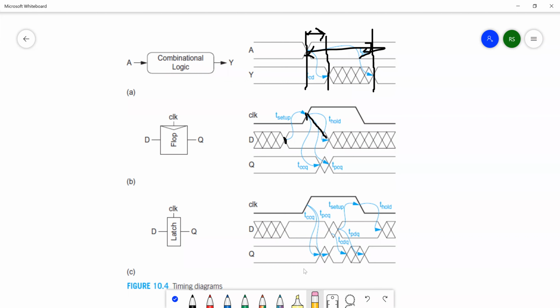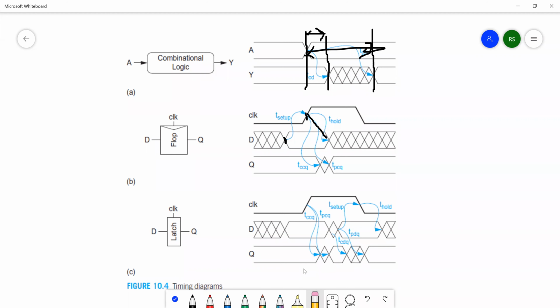So based on these definitions, all these timing constraints have to be satisfied. Okay, so if we have to satisfy all these timing constraints for some particular combinational logic block, what is the smallest clock period I can use for my design? That is the whole thing that we want.